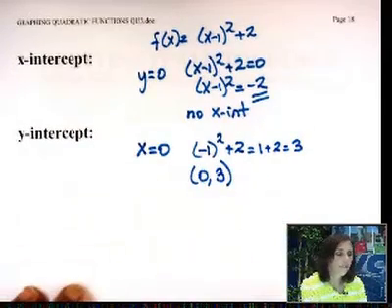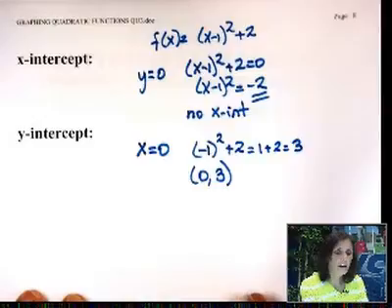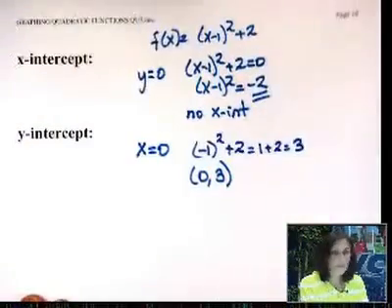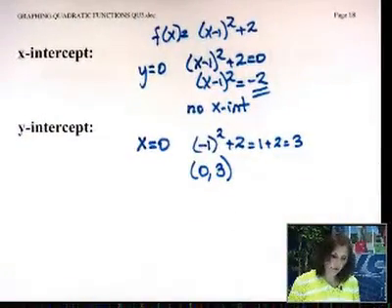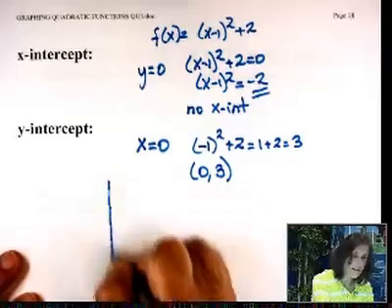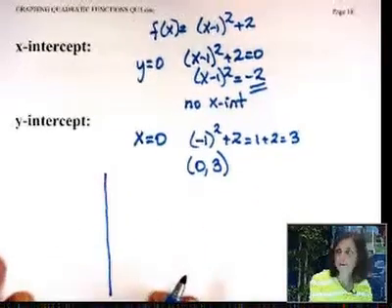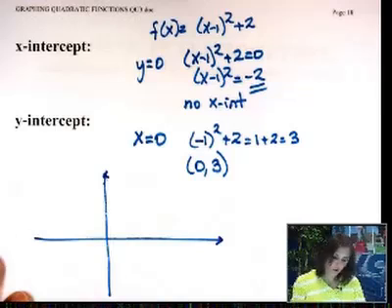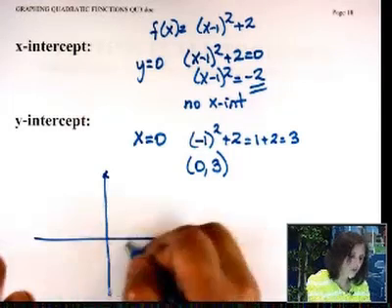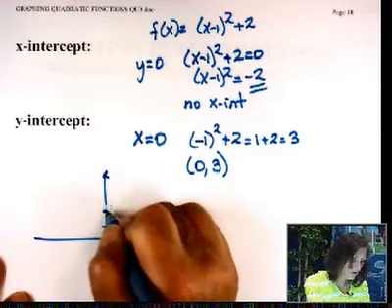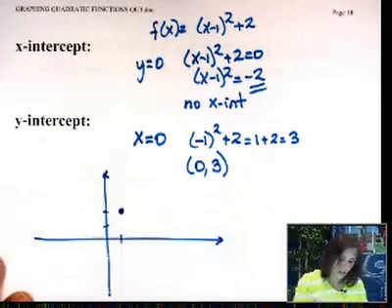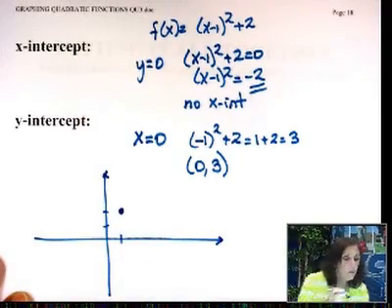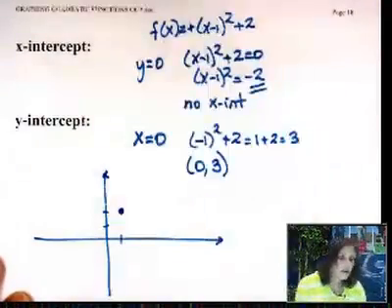All right. Let's try to draw this. I'm going to rewrite it right here. According to my notes, the vertex is at (1, 2). It will open up because this number is positive.